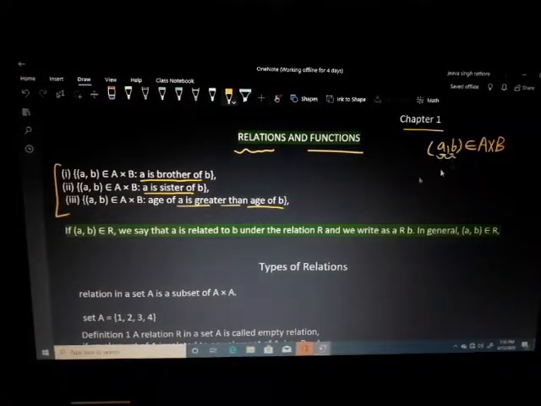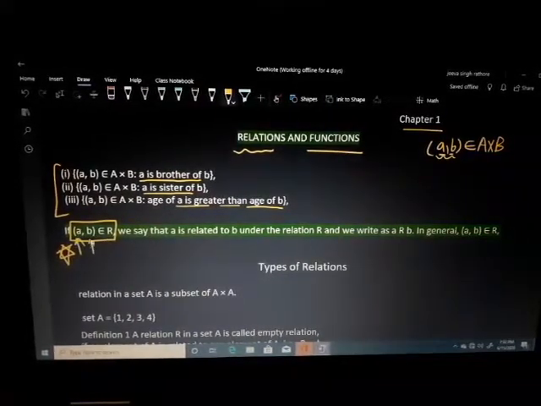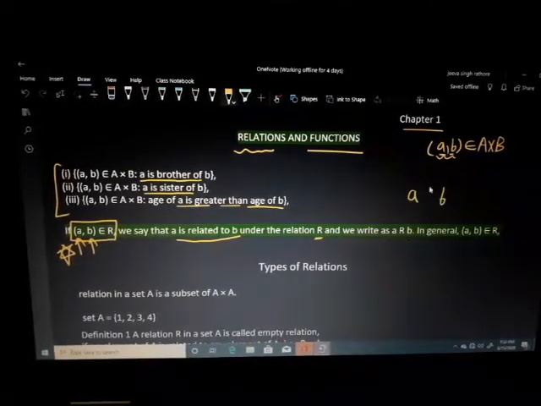All the elements I can write down as A comma B belongs to R. Please, this is the notation. Now note it down, this is very, very important. We can say A is related to B under the relation R. A relation from A to B is represented by R. R is used for relation.